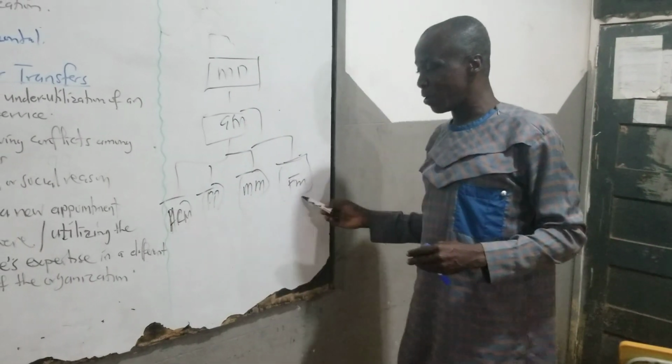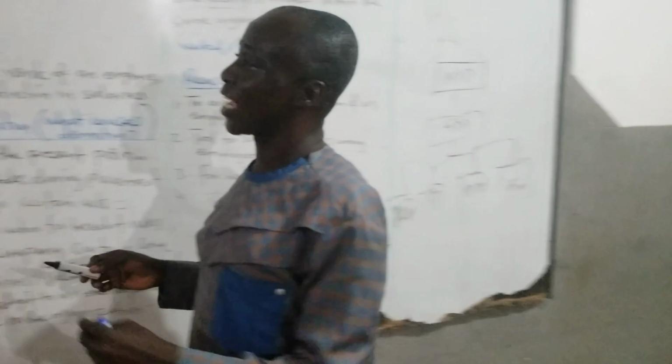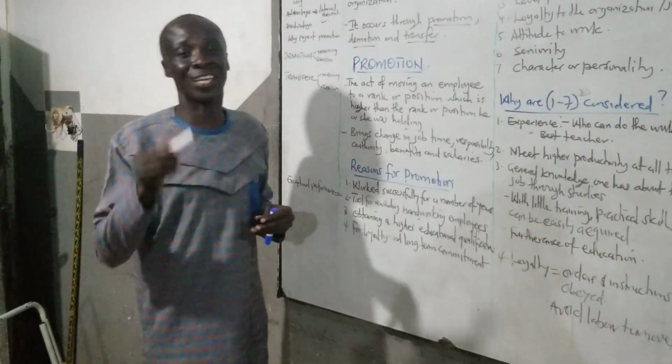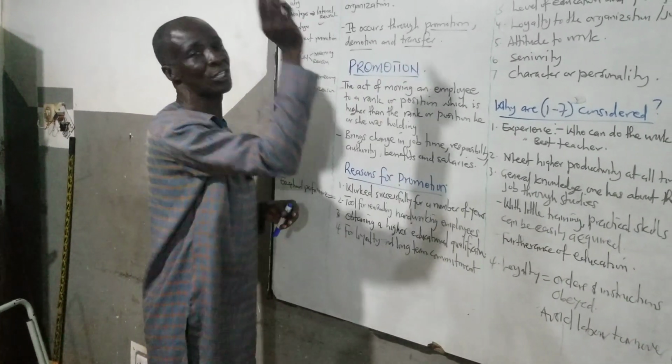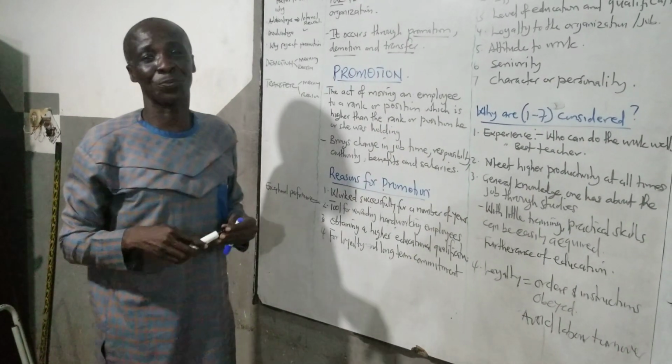Then this can be horizontal movement. So when there is that movement, then you say there is job change. And how does it occur? It occurs through promotion, demotion, and transfer. So in essence, that is all that job change is about.